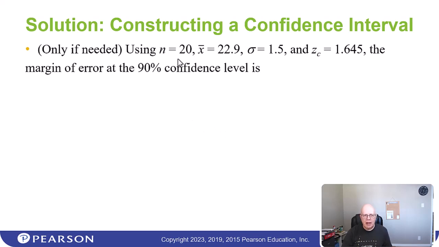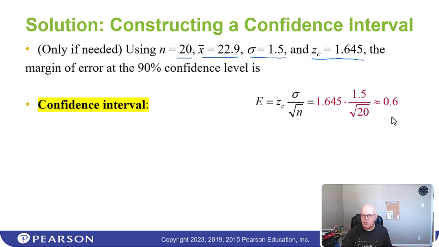So, n equals 20. X bar is 22.9. Sigma is 1.5. That's known. And there's our critical point. The margin of error at the 90% confidence level is 0.6.